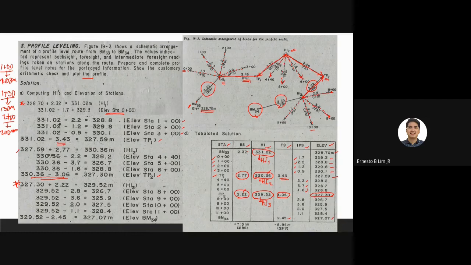We must get the elevation for our terminal point, which is BM33. Okay, so that is how to at least analyze or tabulate the solution. So, okay, to reflect the route, say this is the route that you are trying to survey.